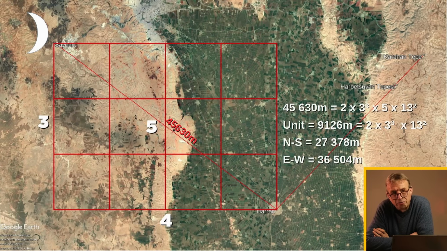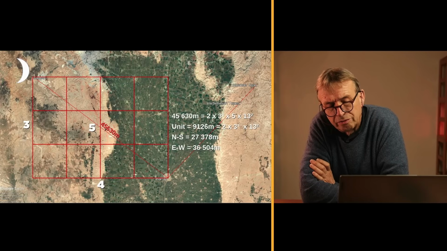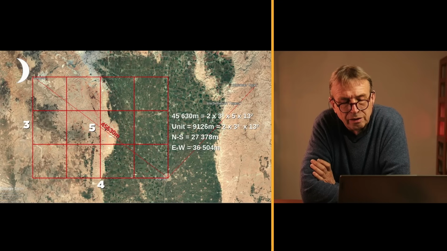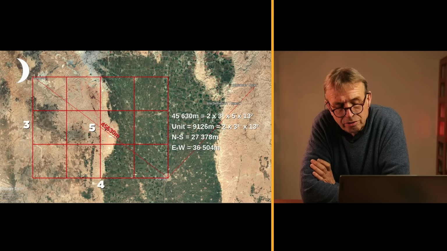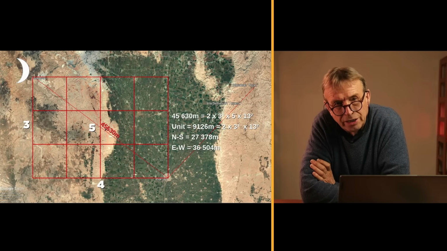So this 3-4-5 triangle seems to incorporate a moon number, 273. 273 is also the number of days in the human gestation cycle. I've often spoken about that. So the relationship between 273 days, which is 9 months, and 365, which is 12 months, that's a 3 to 4 relationship.